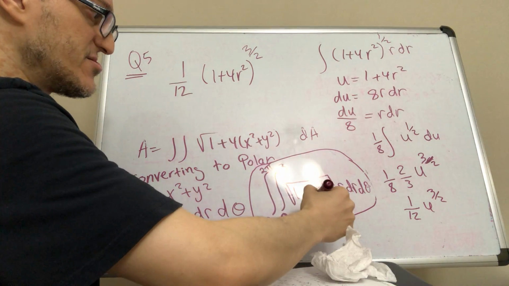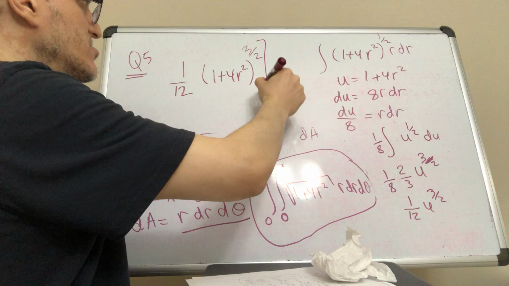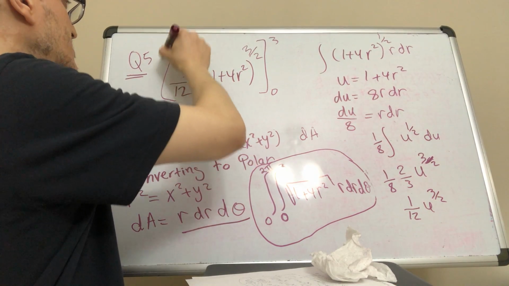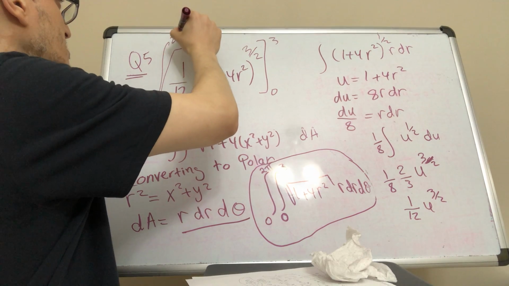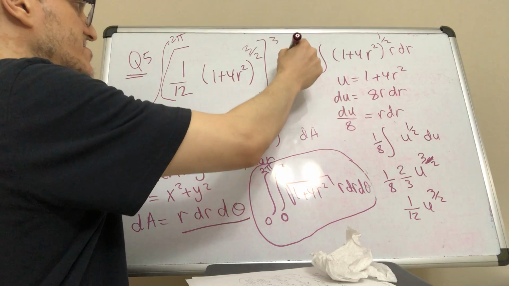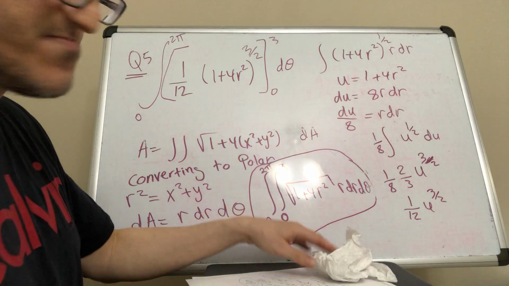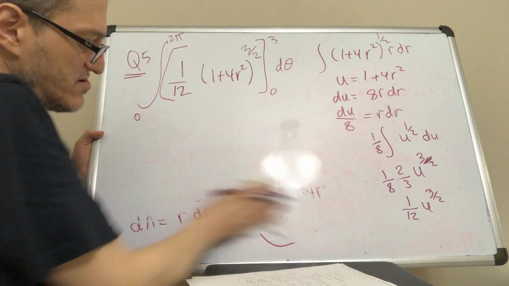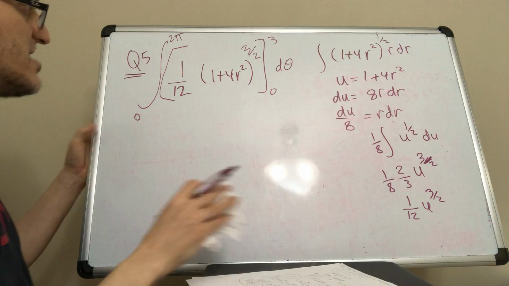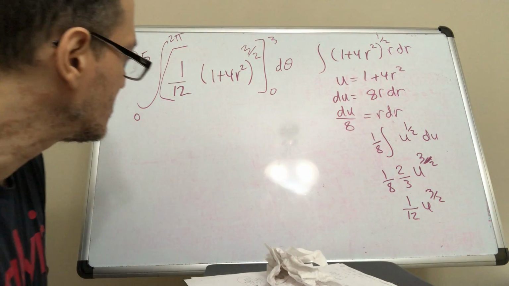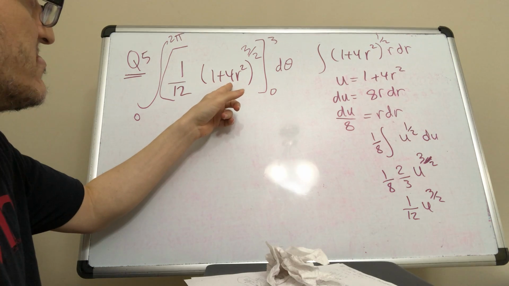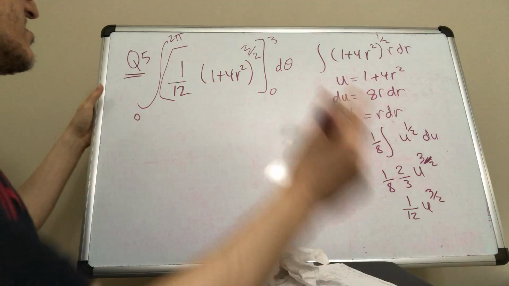And this is the integral for the first one, where we need to plug in 0 and 3 and then integrate from 0 to 2 pi for d theta. Good? So I'm going to erase this. Now let's plug. 3 squared is 9. 9 times 4 is 36, plus 1, 37.